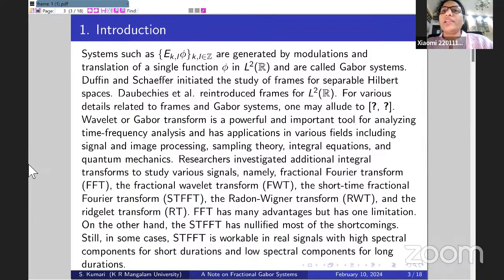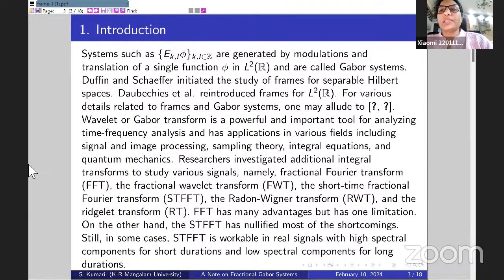Wavelet and Gabor frames are powerful and important tools for time frequency analysis, with applications in various fields, including signal and image processing, sampling theory, integral equations, and many more.